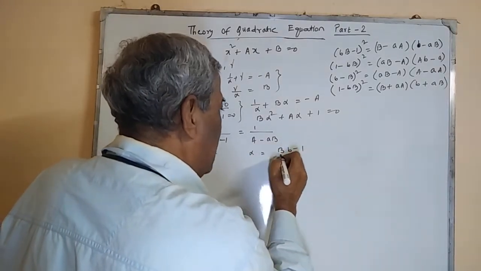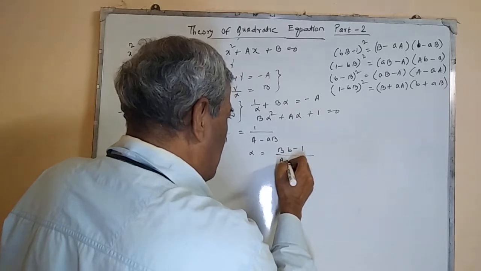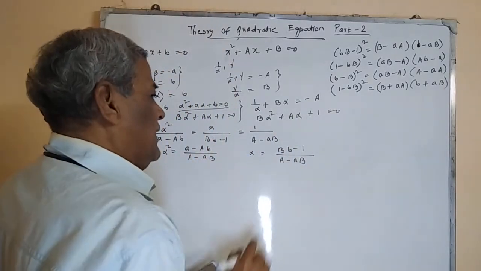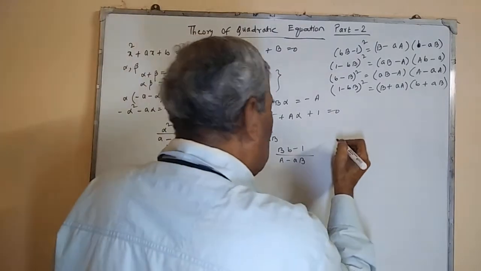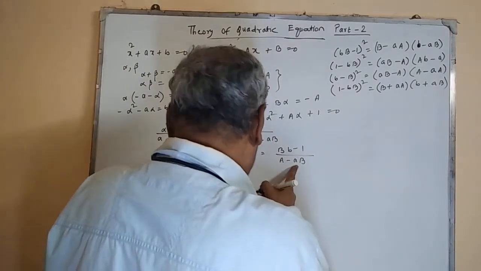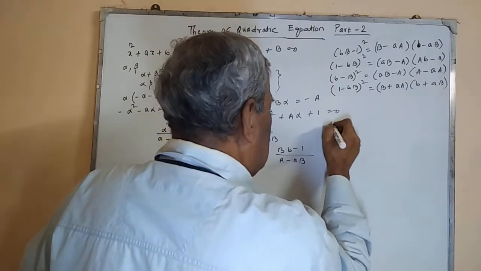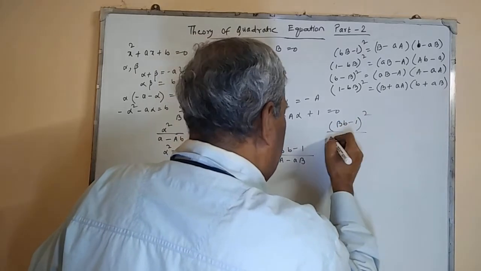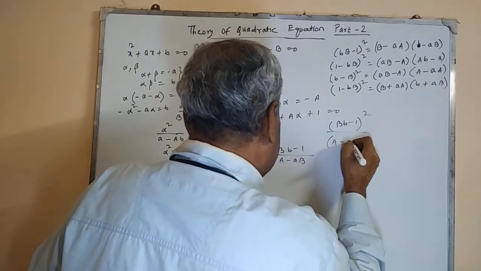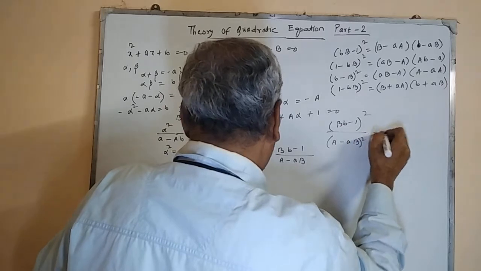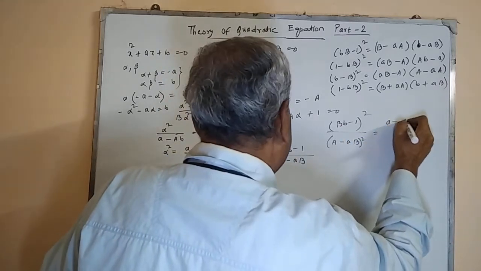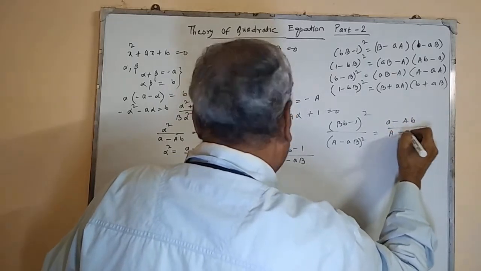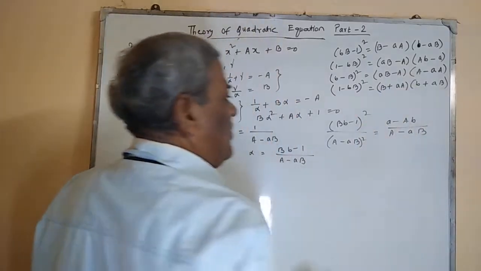(B minus 1) by (A minus AB). So actually we get alpha square is equal to that alpha square, that is (B minus 1) whole square by (A minus AB) whole square is equal to (A minus AB) by (capital A minus A capital B).